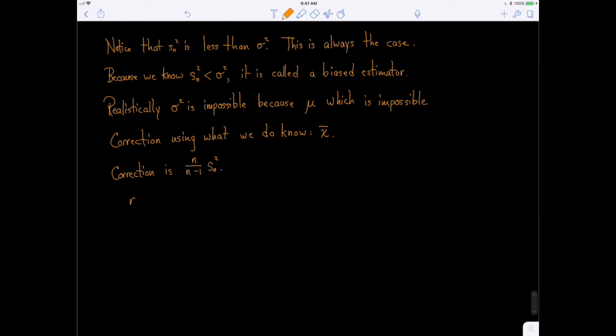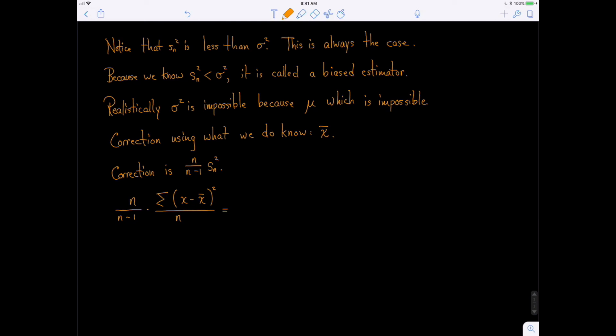So if I take the number n over n minus 1, and I multiply it by Sn squared, well, remember that Sn squared is the sum of x minus x bar squared divided by n.